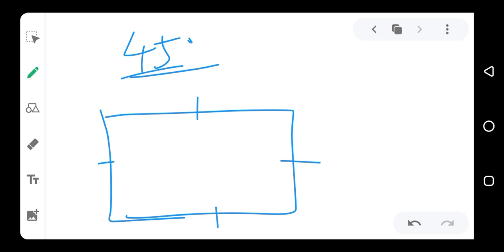So if all the sides are equal, here is 90 degrees, here is 90 degrees, and here is 90 degrees.